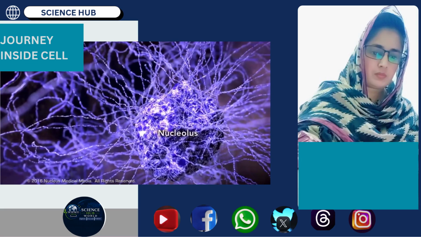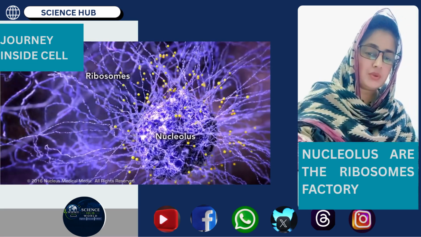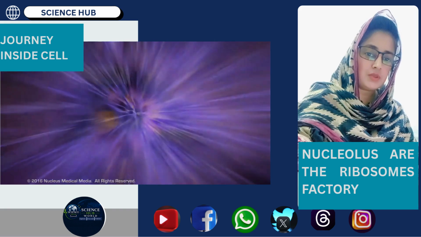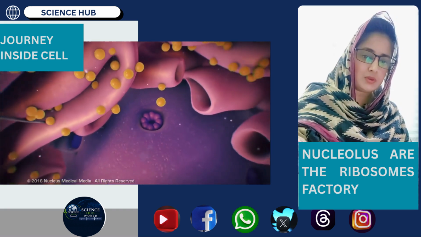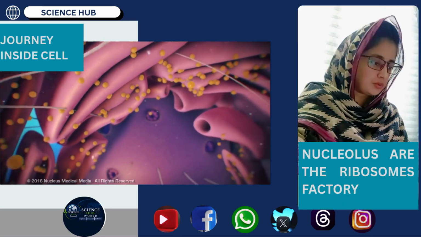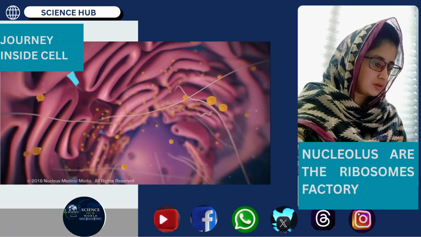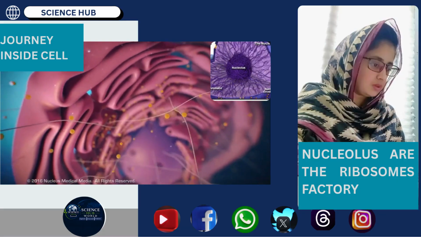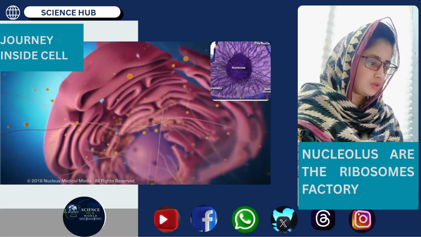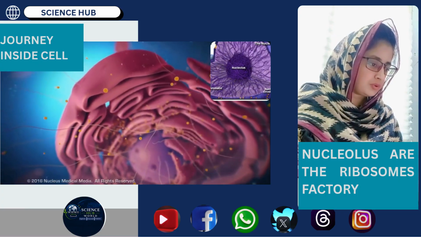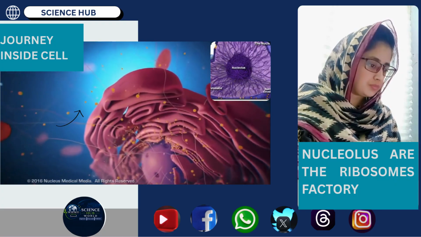Next organelle you can see here is the nucleolus. Nucleolus is also known as the factory of ribosomes, which help in the formation of protein. Here you can see the nucleolus, and after ribosomes leave the nucleus, they are transported out of the nucleus.